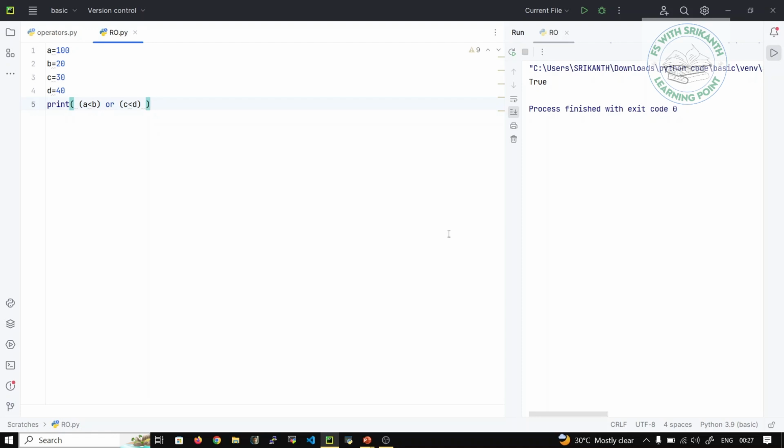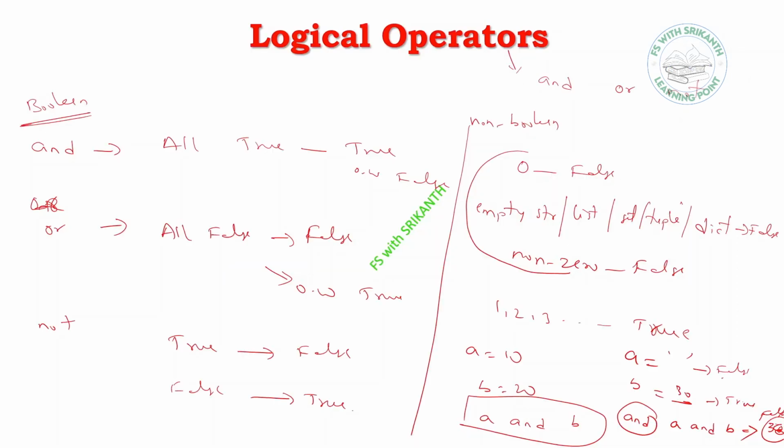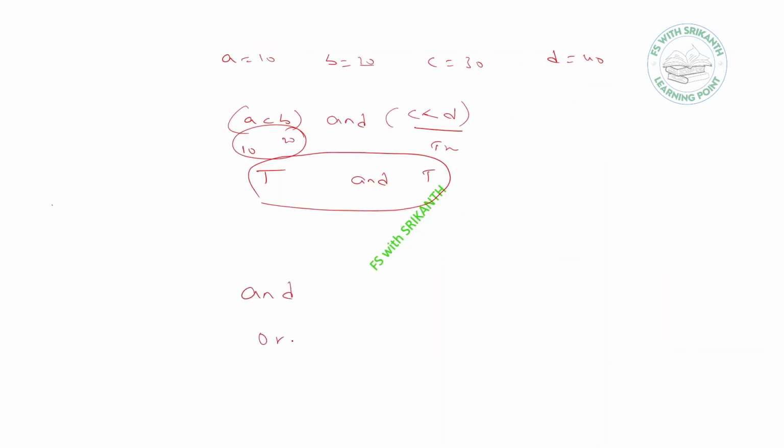And the next one is Boolean. So here and, or, not. For and, all true means, you consider A value is true and B value true, we get true as a result.